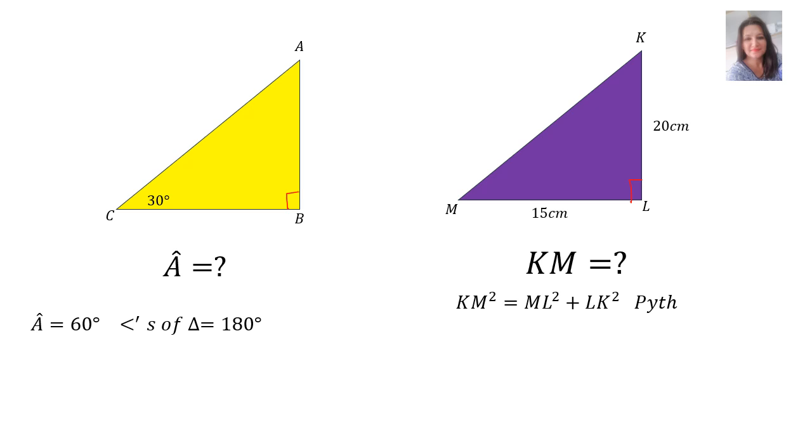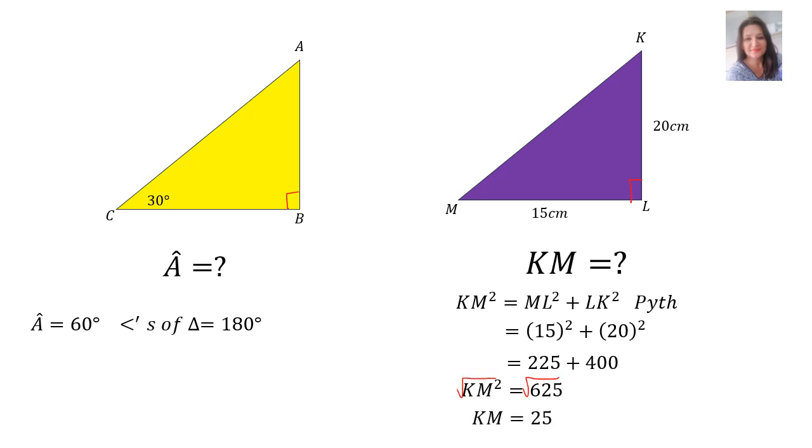That's Pythagoras' theorem. Substitute the values, 15 squared plus 20 squared, 225 plus 400 is 625, but on the left hand side you want KM, not KM squared, so you will take the square root both sides, and then in the end KM was 25 in your perfect world.